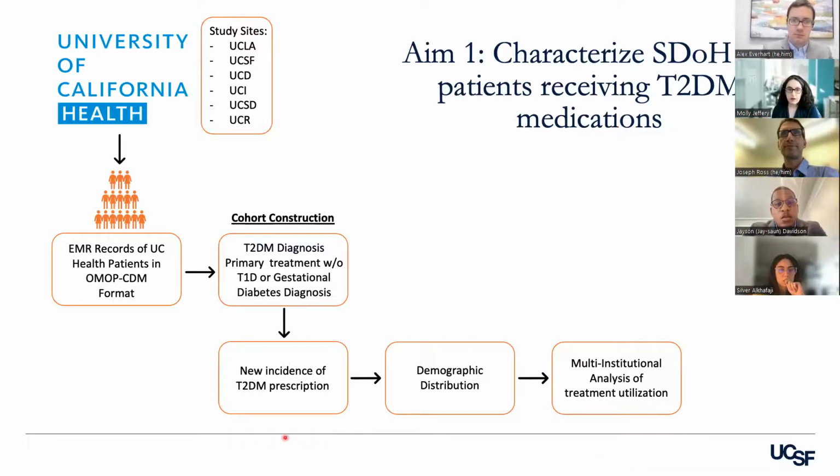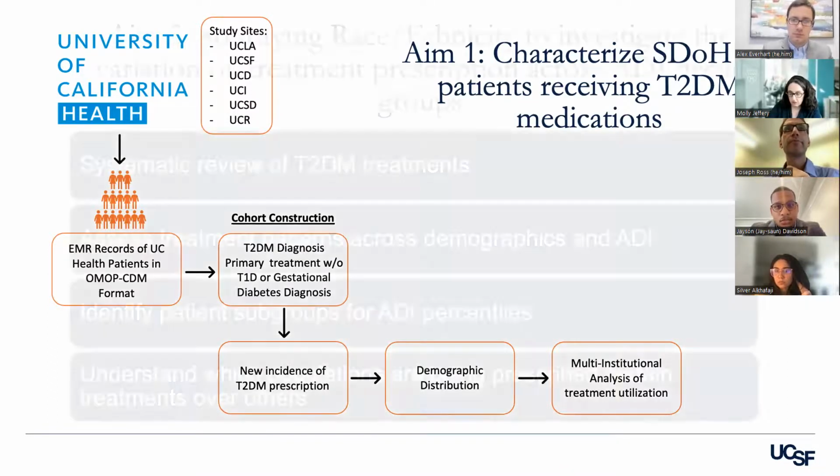Then we will extract new instances of medication from patients in the system, and characterize those patients by sex, age, race, ethnicity, ADI percentile, and BMI information. Lastly, we will perform a multi-institutional analysis of treatment utilization UC Health-wide and by each UC individually.